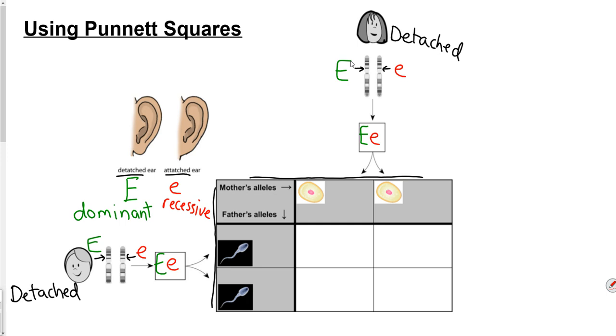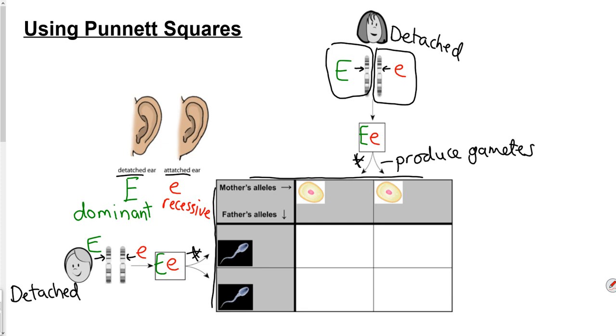Now, remember, in order to produce gametes, which are sex cells, both parents will undergo the process of meiosis. Mark it with a star here and a star here. In meiosis, pairs of chromosomes are separated, and therefore the 2 chromosomes will go into different gametes.